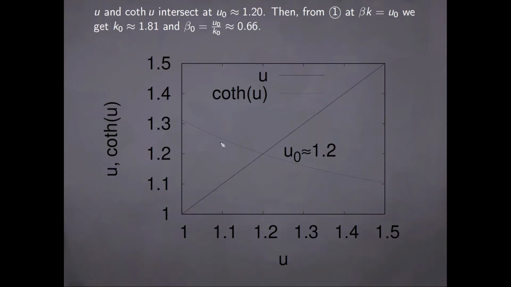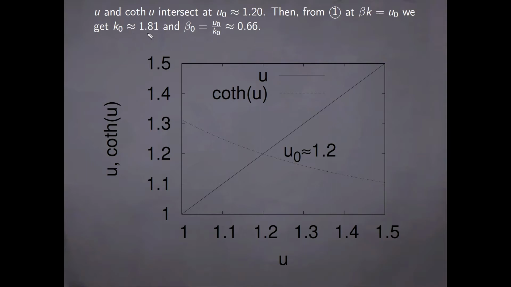This equation is solved graphically. So the function u and the hyperbolic tangent of u will intersect at the point u0, which is approximately given by 1.2. And then from equation 1, for the value of beta times k being equal to u0, we will get immediately k0 being equal to 1.81. So you see it's close to the value of 2, but it's not quite there.